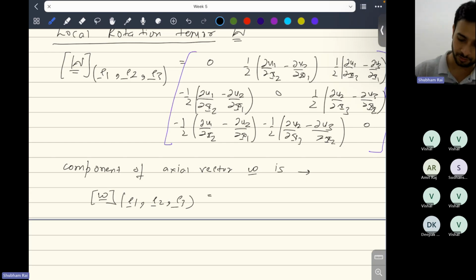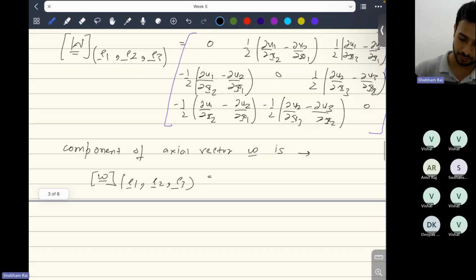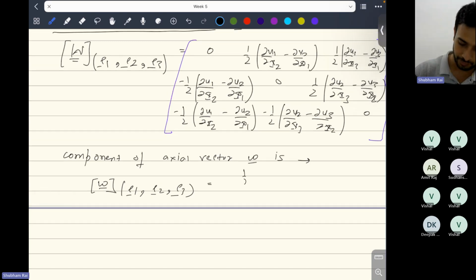The first component is half of del u3 by del x2 minus del u2 by del x3. The second is half of del u1 by del x3 minus del u3 by del x1. I'm just writing the next one in the next line.